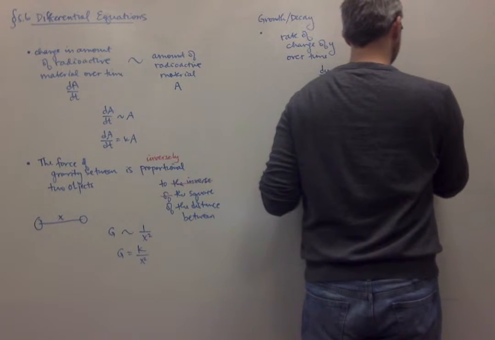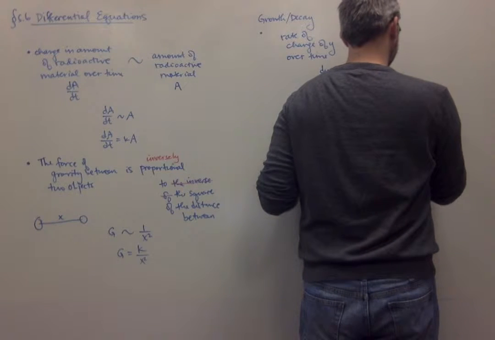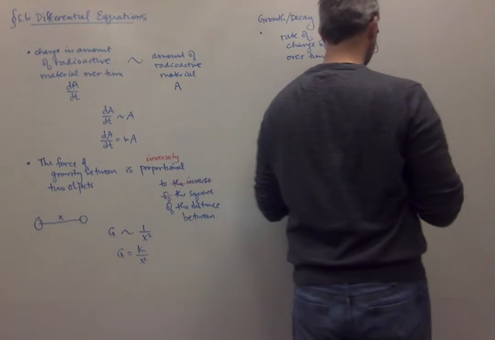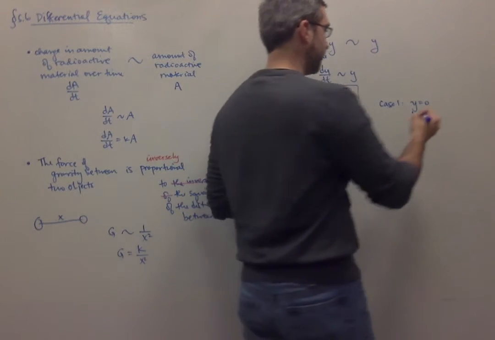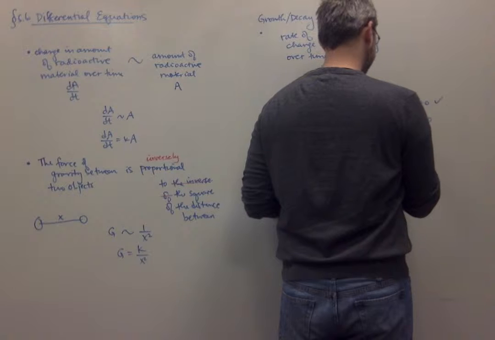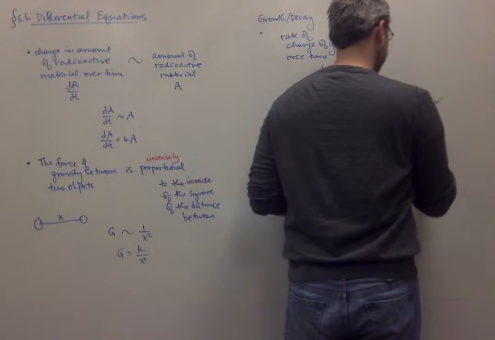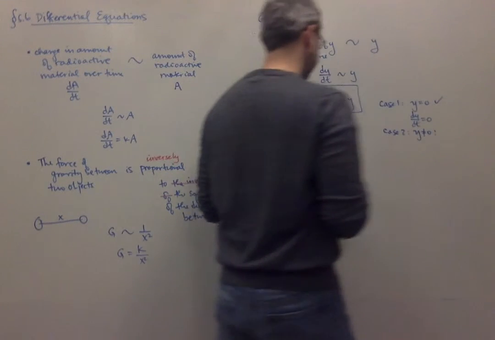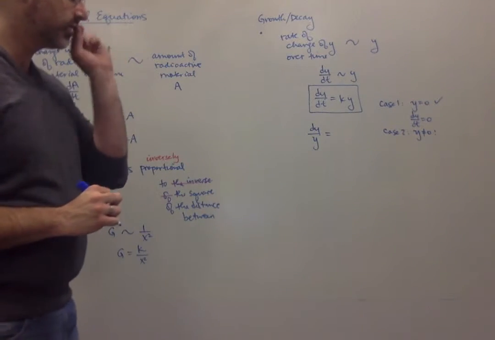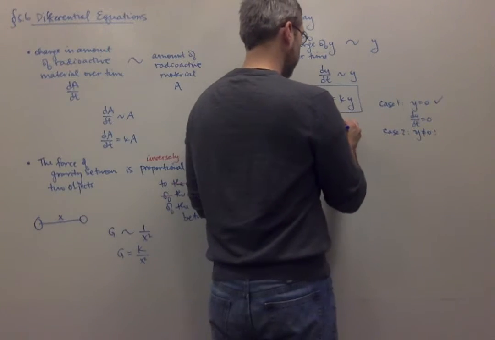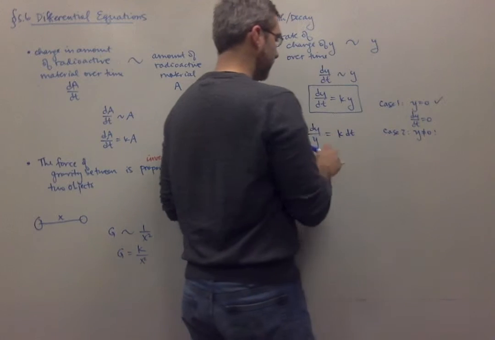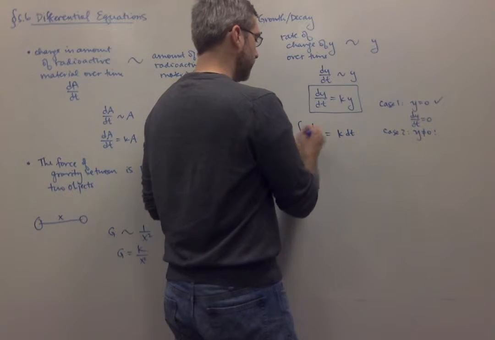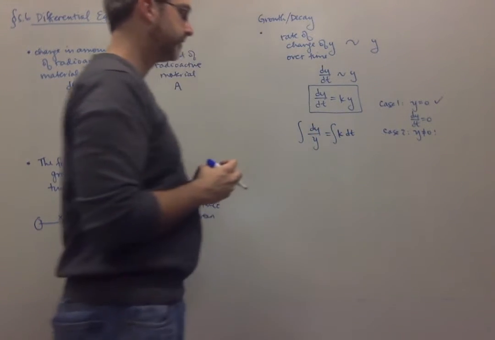If y is 0, then the derivative of y over time would also be 0, and that would satisfy this equation, so that works. So now we're considering the case when y is not 0, so we can divide by it. So we're going to put y on the bottom, and we're going to put the dt over on the right side. And let's integrate both sides.